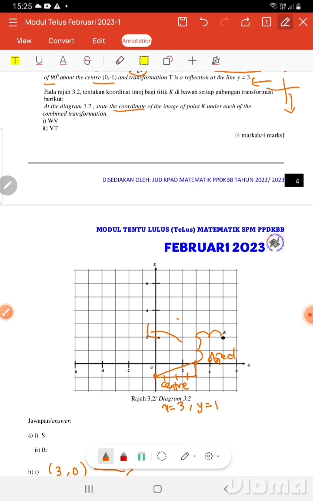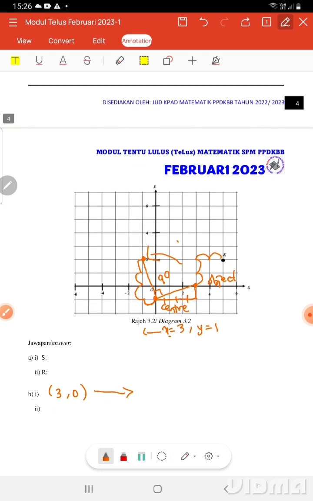From X 3, Y 1 will change to X equal to 1, and then Y equal to 3. So X 1, Y 3. So this is your image, 90 degree here. Then read the coordinate. So the coordinate here is -1, 2. So this is your final answer.